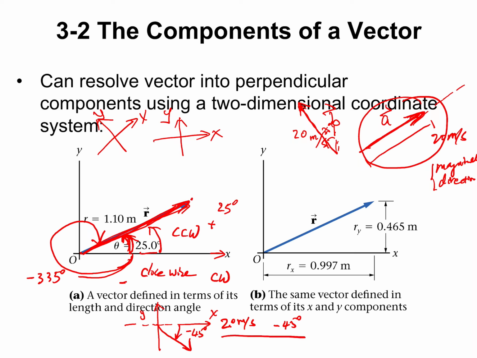You can use this way to describe a vector: magnitude and direction. This direction is the angle between the positive x-axis and the vector. However, make sure of the sign: a positive sign means you go counterclockwise from the positive x-axis to the vector, and a negative sign means clockwise from the x-axis to the vector.